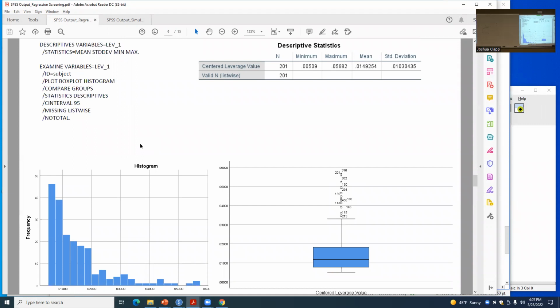And for our leverage values, what we're interested in for our centered leverages in SPSS, we're looking at 3P over N as our general threshold. It's going to be 3 times, we've got 3 predictors over 201, which gives us a value of 0.045.